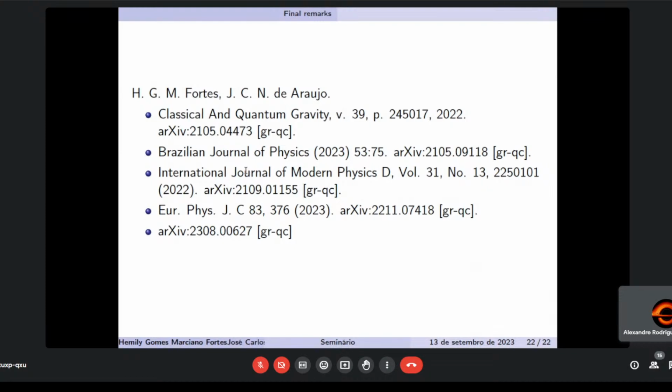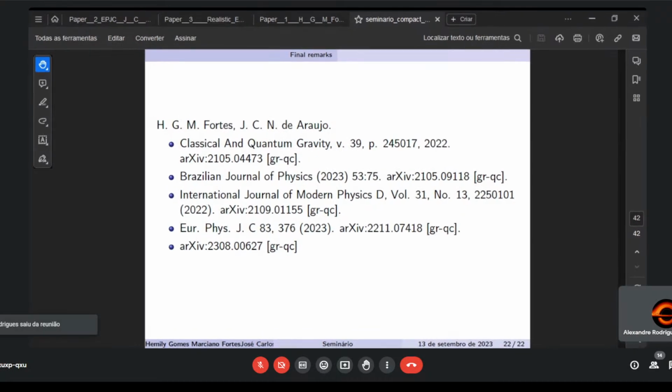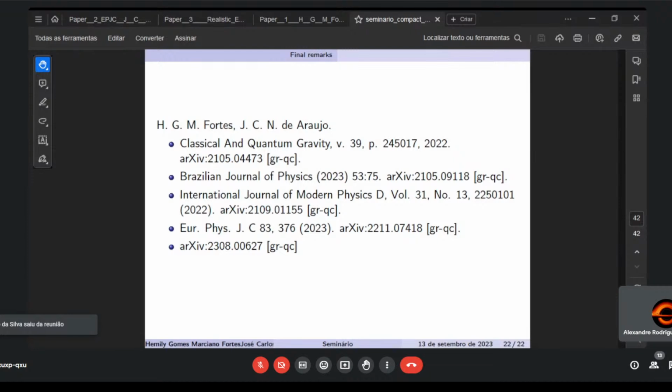So we can rule out this kind of equation of state. And also there is the problem of the stability. So we are going to study this. We have to study if the equation of state describes stable neutron stars. So from that we can eliminate other ones and compare with the data and say, oh, it's a good one, because determining the equation of state is a big problem in this subject.